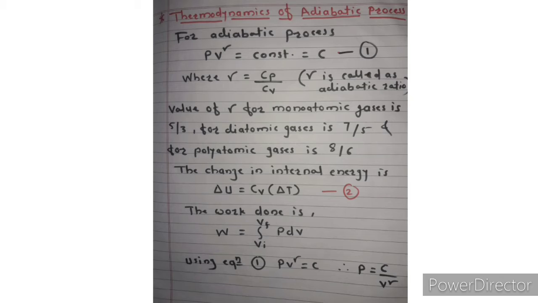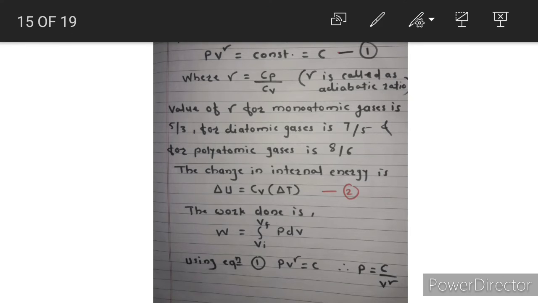For moderate temperature changes, the value of gamma is 5/3 for monoatomic gases, 7/5 for diatomic gases, and for polyatomic gases, the value of gamma is 8/6 or 4/3.